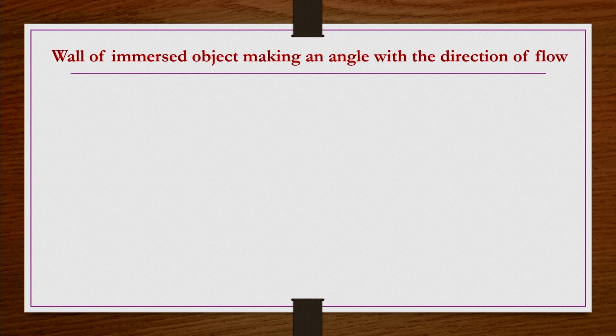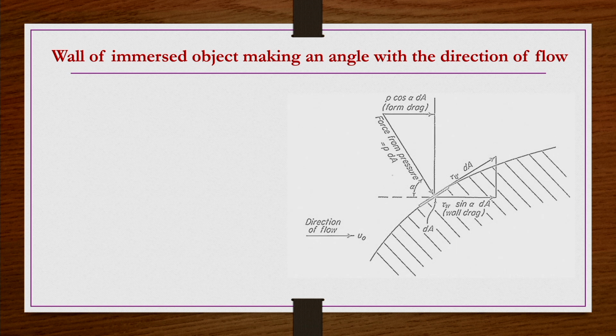So, let us take a solid object whose wall makes an angle with the direction of flow. Let us say we have this geometry, a spherical object or an object with some kind of curvature.